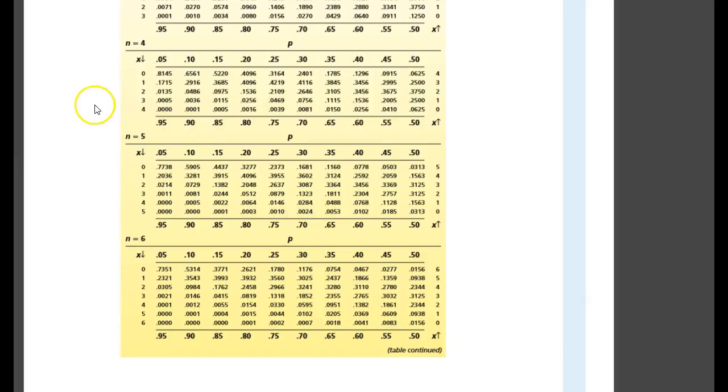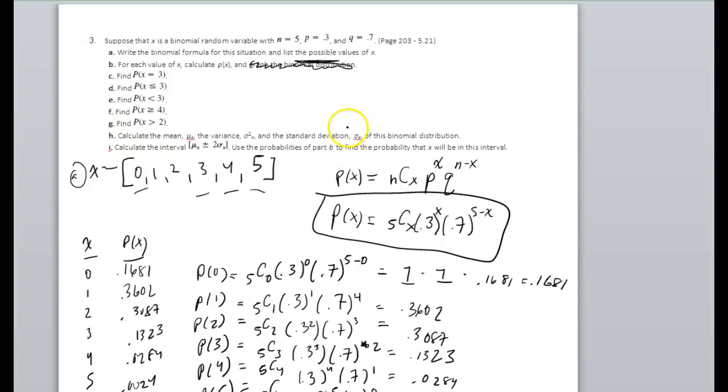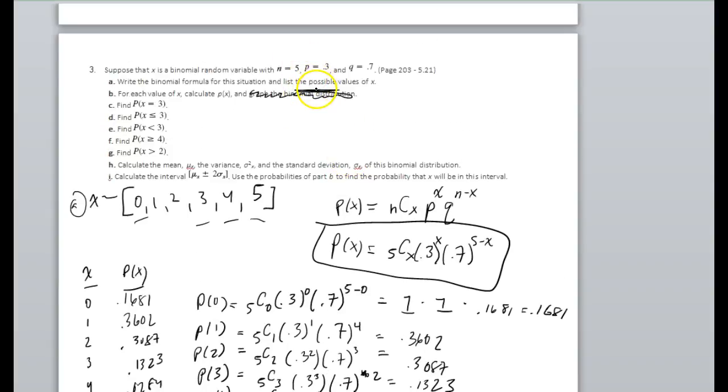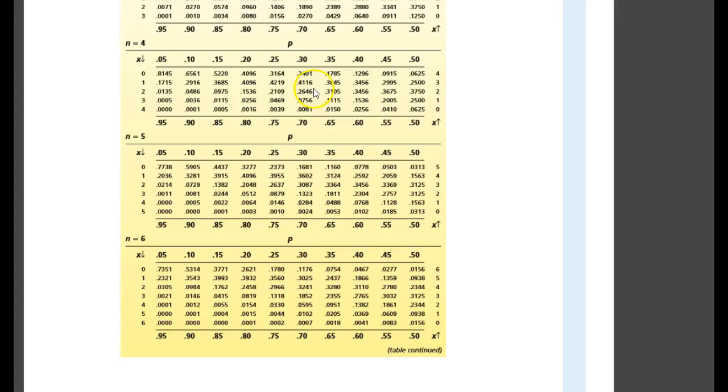What's the probability of success? So we go back here. We had a p-value of 0.3. So we're at n equal 5. We're at 0.3. And then now we can look up all the values to see if they match what we came up with.